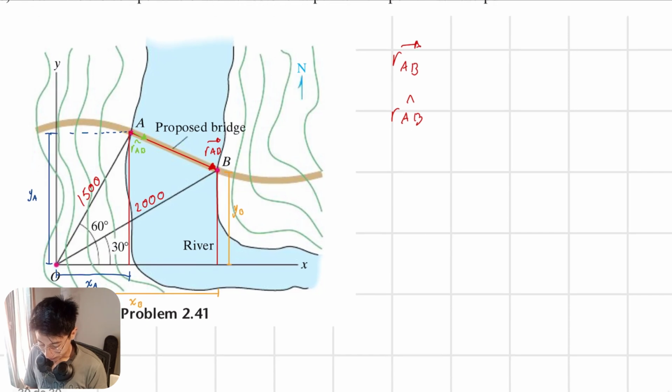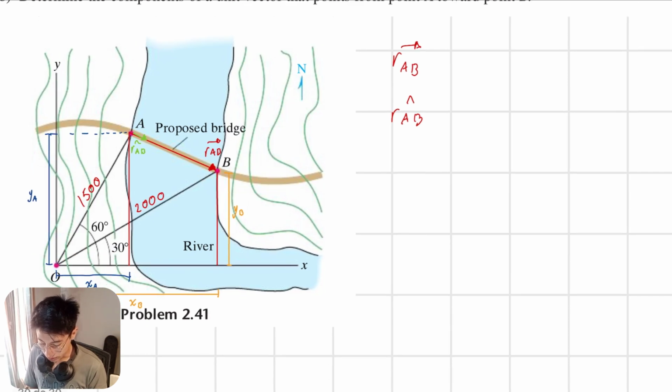Now, we are going to determine YB first. So YB is going to be equal to, let me check, from the top, the sine of 30 is going to be equal to the opposite cathetus, which is YB, divided by the hypotenuse, which is 2000.